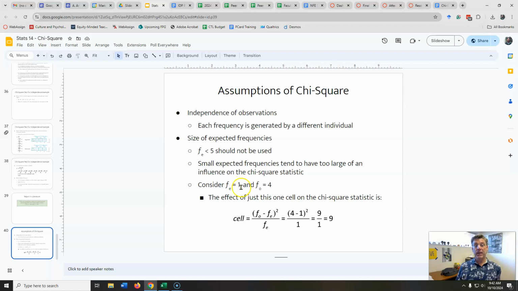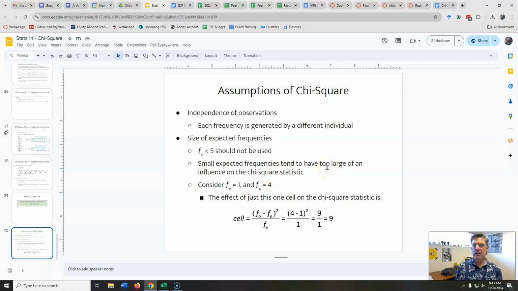Whereas, let's say the expected frequency was 21 and the observed frequency was 24. That is also a difference of only 3 people, but the amount of difference in terms of size is going to end up being very small. So it won't end up being as big because the percentage of difference isn't as great.